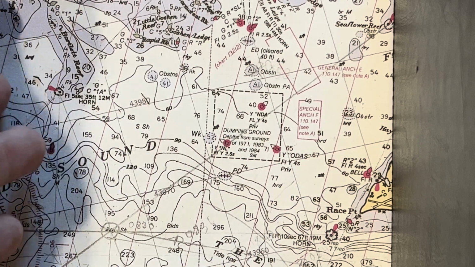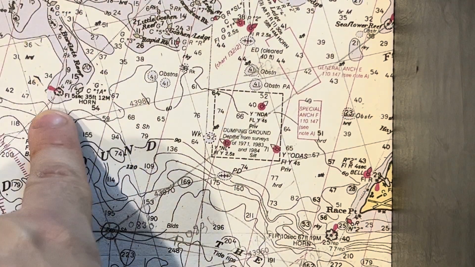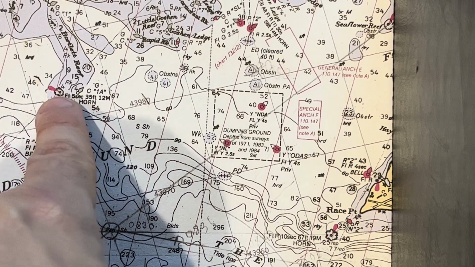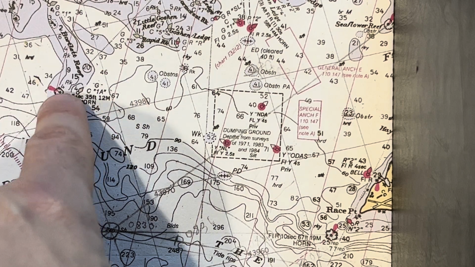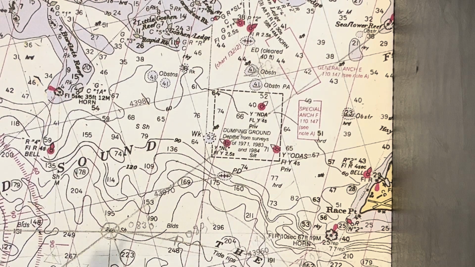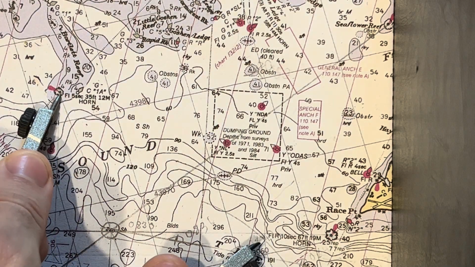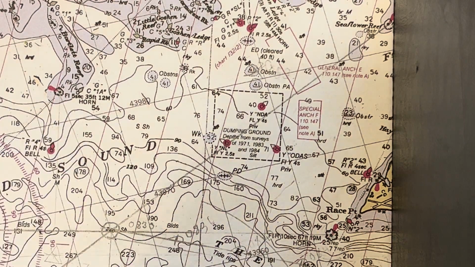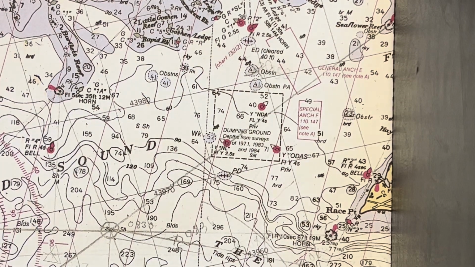A lot of times you can just assume their name off of context like that, and off of memory, having done this before, I can tell you that this is Bartlett Reef Light, sorry. And it has a range of, actually I forgot. It has a range of 3.7 miles.